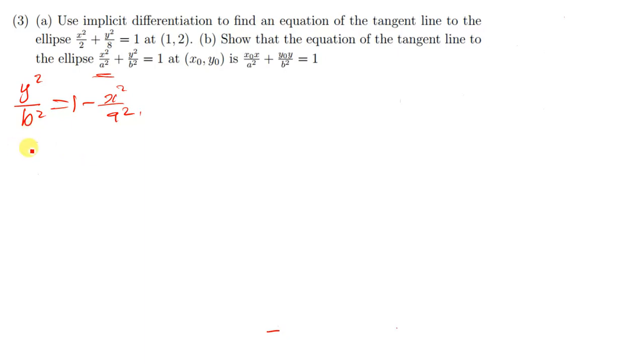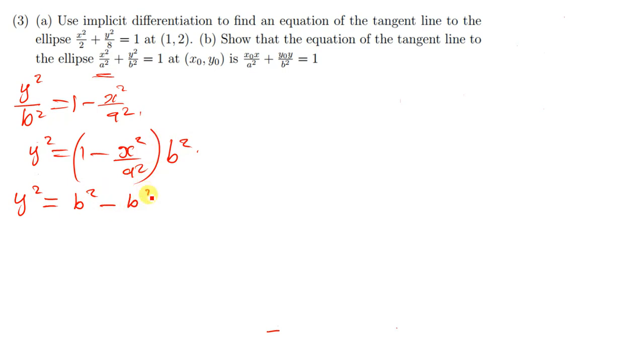So this will just remain as y squared is equal to 1 minus x squared over a squared, then we have b squared this side. So my y squared will now be equal to b squared times 1, which will be b squared, and then minus b squared over a squared, then we have x squared. Then we find the derivative of this to find dy/dx.